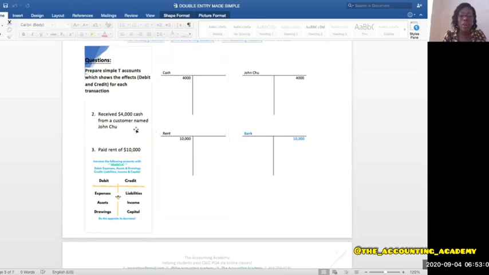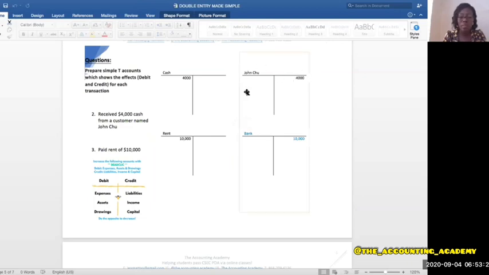Nice. Now we received the cash from someone we have to pay back, and that is now a liability. And we know to increase liabilities, we have to credit according to DEAD CLIC. So you're going to put the 4,000 under the credit side under the John Chu account.